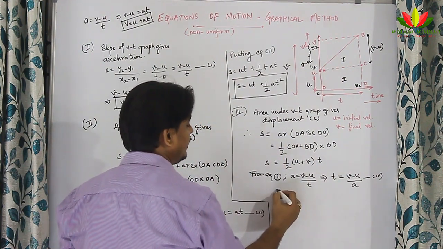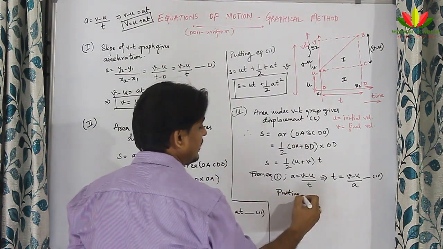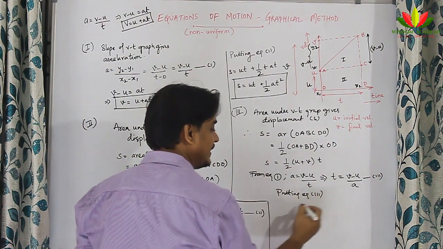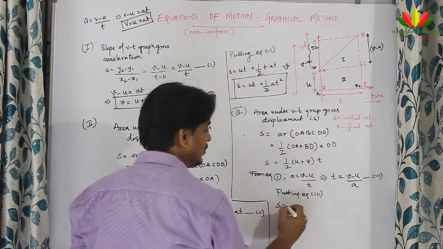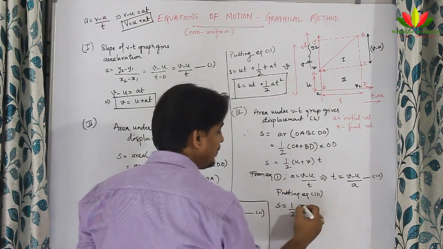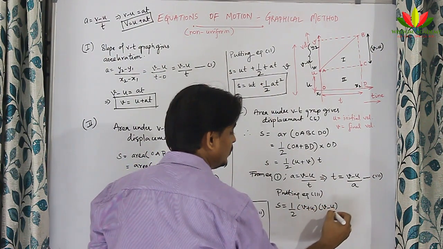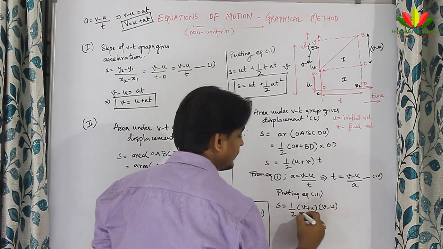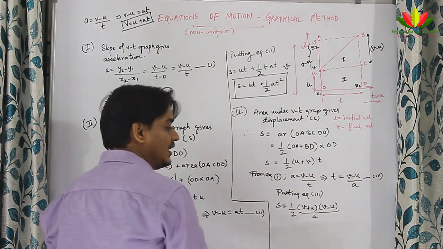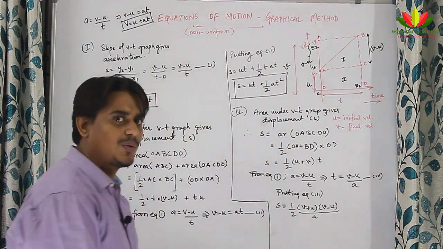So, putting equation 3, what do I get? I get S is equal to half, already (V plus U) was there, and I will write (V minus U) by A, isn't it? A plus B, A minus B, A square minus B square.